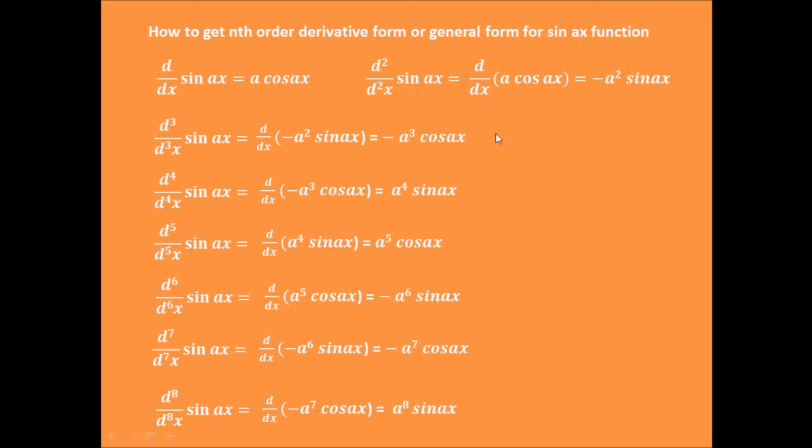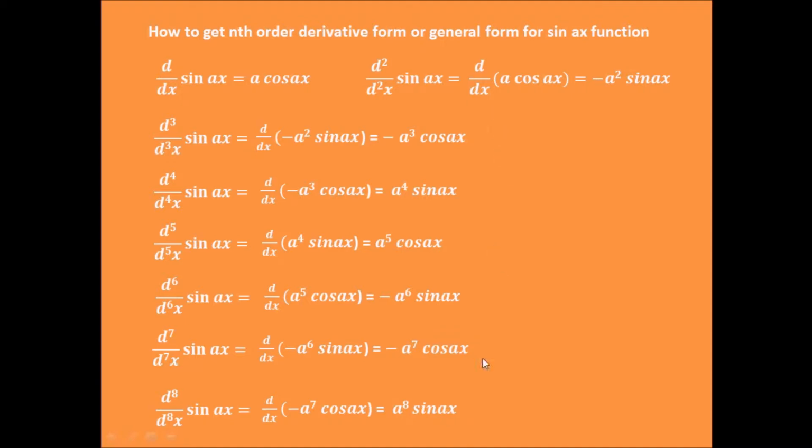We can keep on going to get the eighth order derivative, which is the derivative of the seventh order derivative function. So we have the eighth order derivative of sine ax equals a to the power of 8 times sine ax.